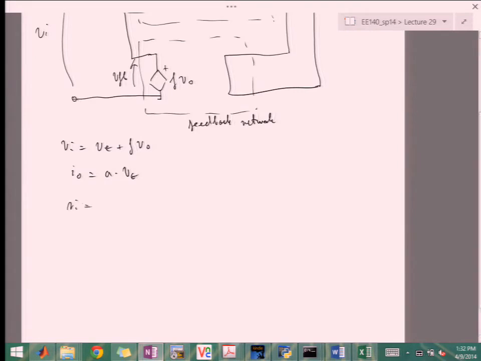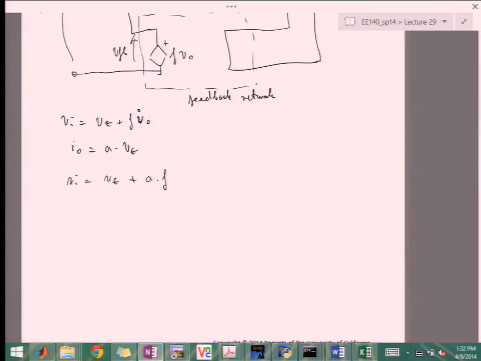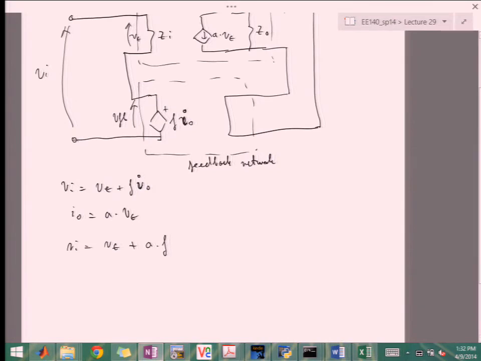And then solving for this, VI is VE plus A times F times I here, since we're feeding back the current.